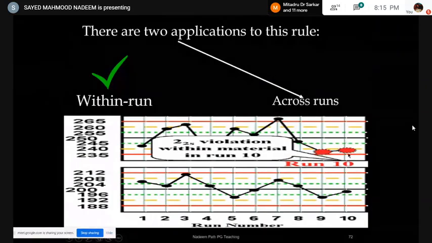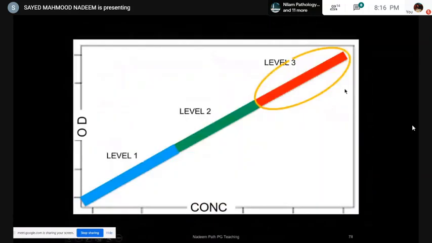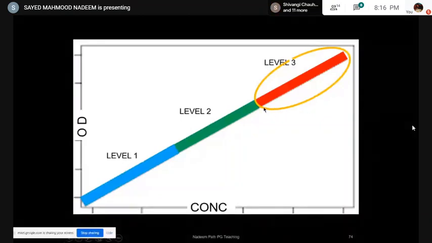This means that the analytical curve only on one part is showing an error. If you analyze, the higher levels of results are not reliable. So this is also a rejection rule. So we have to be very careful.